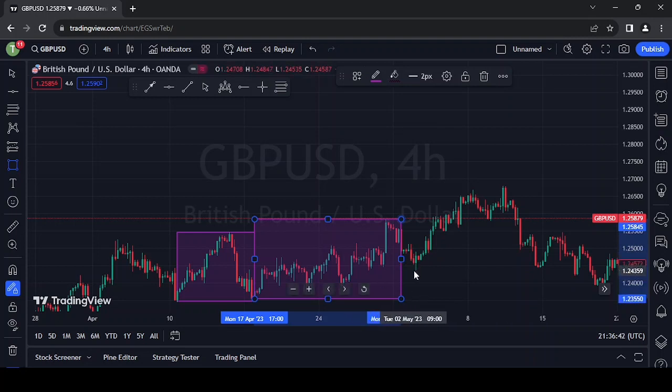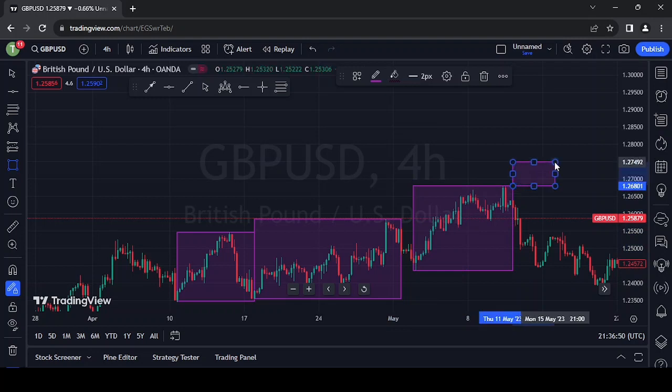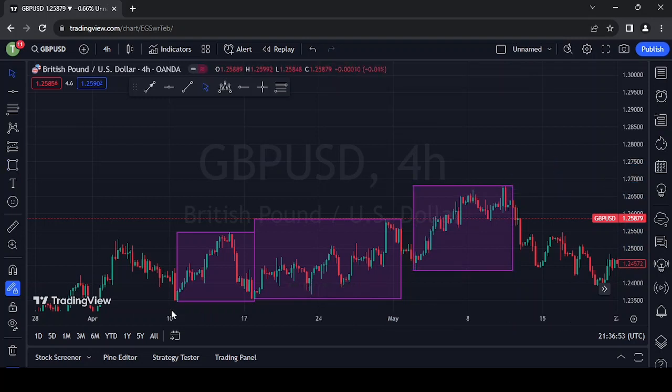Now see the third one, from this low finally to this high. So you can say impulsive move, retracement, impulsive move, retracement, then you have the impulsive move. So you have three impulsive moves here: low, high, low, high, low, high.